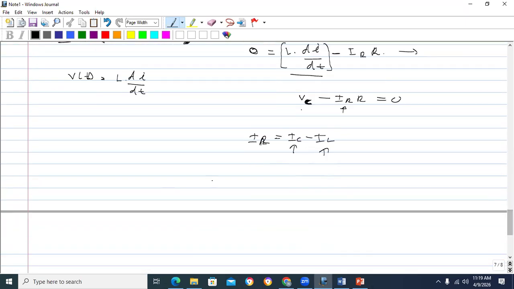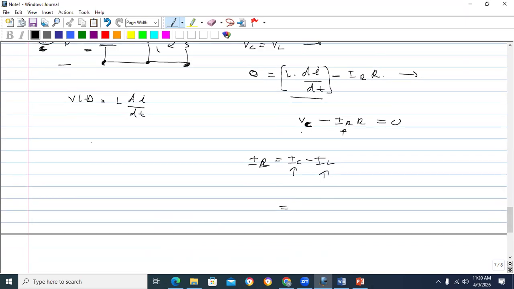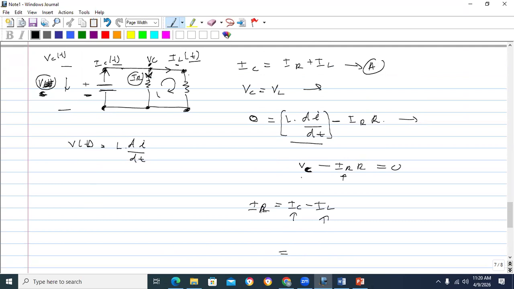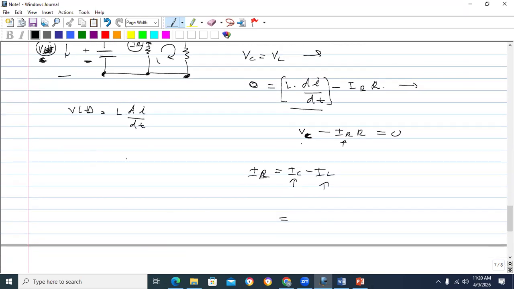Okay. So you can write IC, that is the current through the capacitor. So you know that current through the capacitor, IC, you can write as C dVc/dt. This equation, you know that, okay? So you can directly apply this one here.